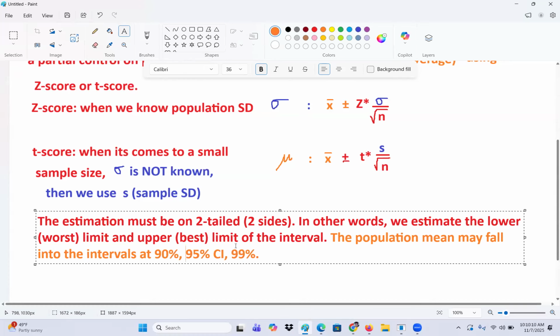So there's no guarantee that the mean will fall within the range.